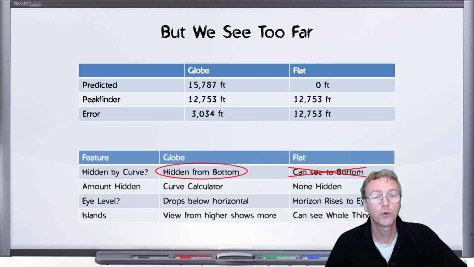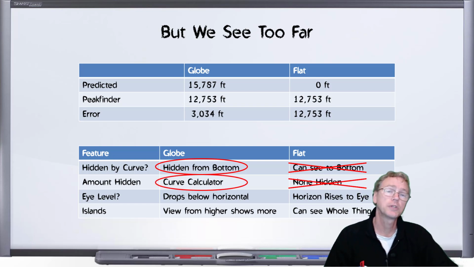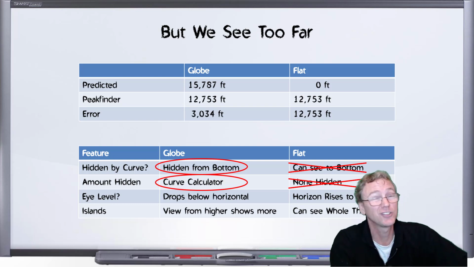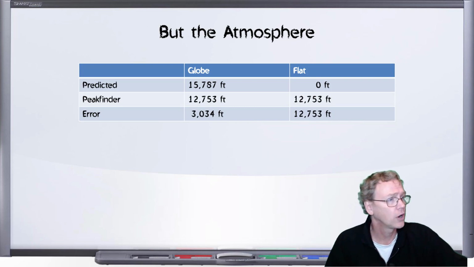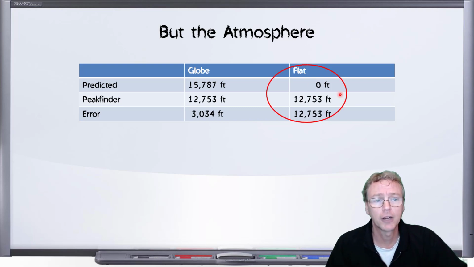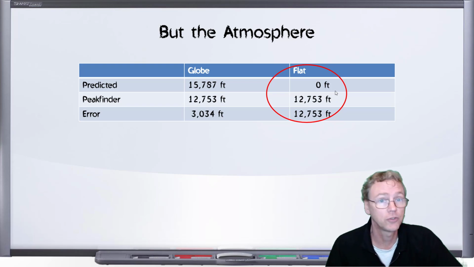So that's another win for the globe, right? 3,000 is significantly less than 12,000. Any reasonable response would say, but no, that's not fair. This 0 stuff is not fair. We should have some obstruction due to the atmosphere.